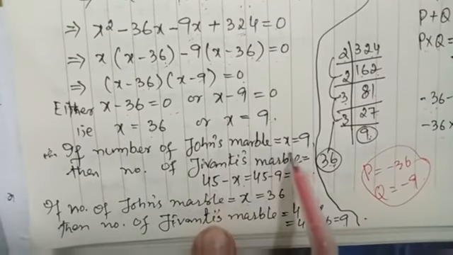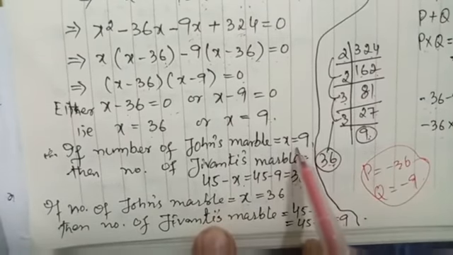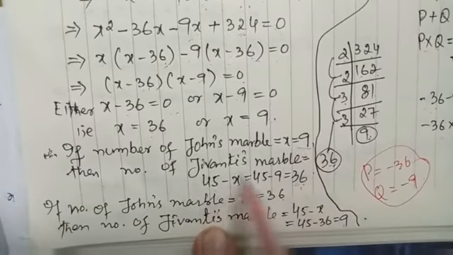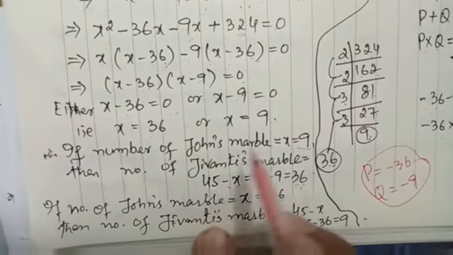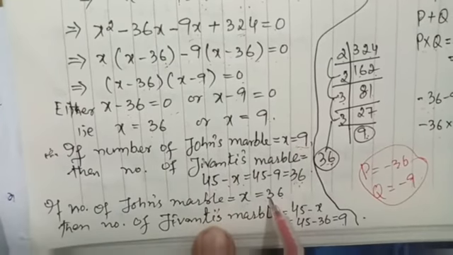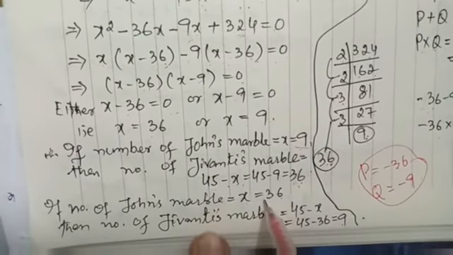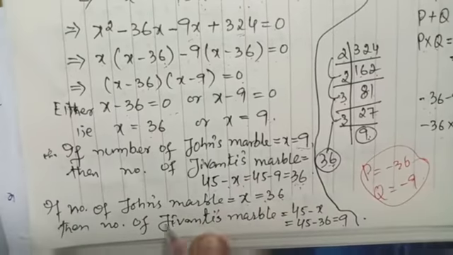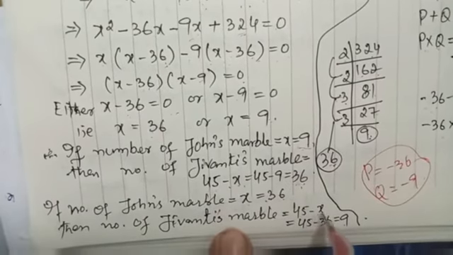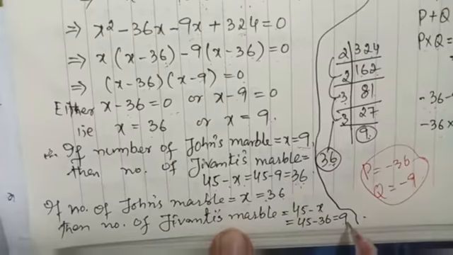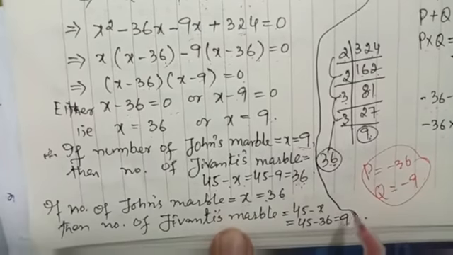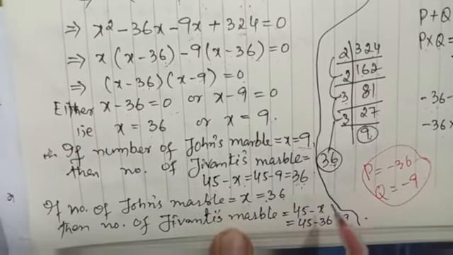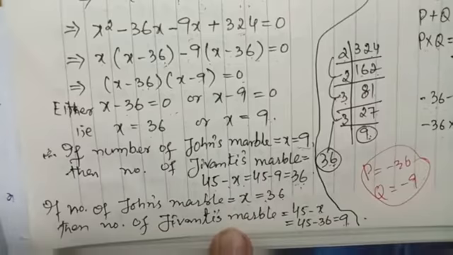First I am putting here the 9, then on the basis of this value I am finding the number of marbles Jivanti will have, and next I am putting the value x is equal to 36, then on the basis of this value, I am putting here in 45 minus x, here I am putting 36. On that time, Jivanti will have 9 marbles. This was about the question number 2, part number 1st.